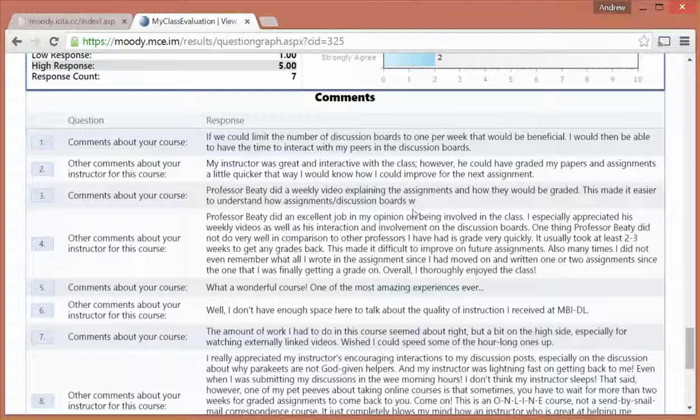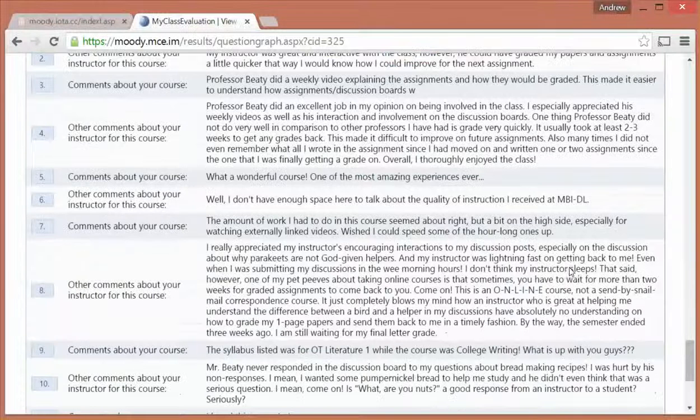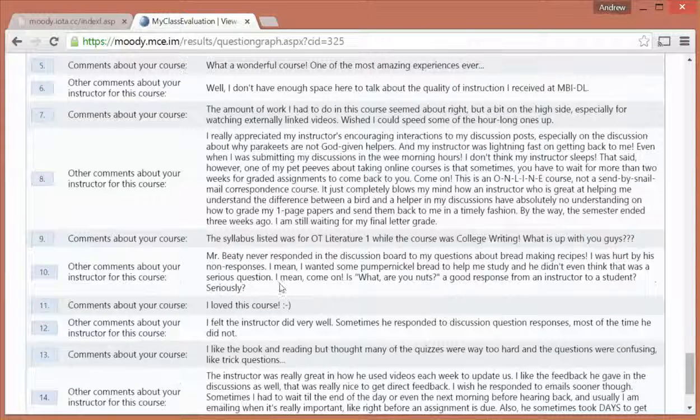Likewise, I think the way that I had people answer this one was looking at the way that I didn't return papers. So here, it took 2 to 3 weeks to get any grades back. I had to wait for more than 2 weeks for graded assignments.